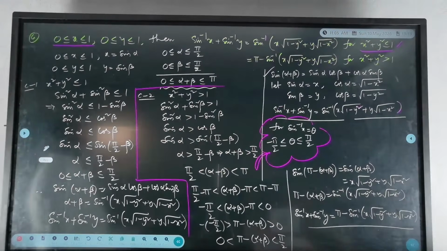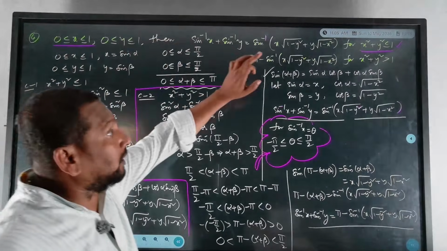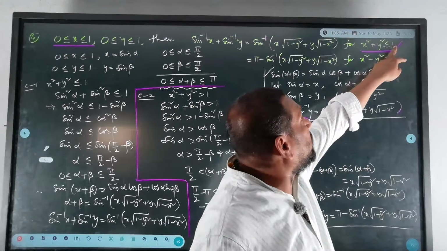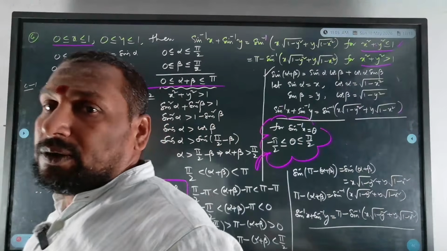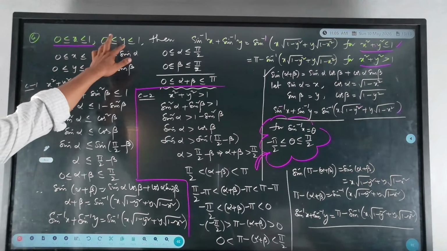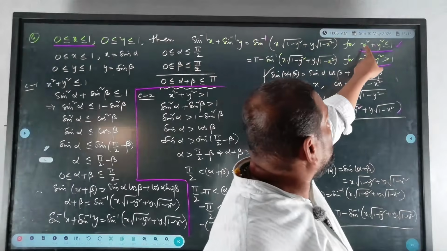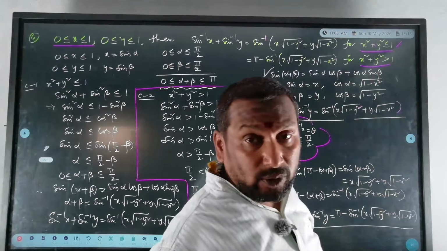So whenever sin inverse x plus sin inverse y comes, what should we observe? First of all, x between 0 to 1, y between 0 to 1, and two more cases, that is x square plus y square less than or equal to 1, or x square plus y square more than 1. These four things we have to observe. One is x lies between 0 to 1. Second is y lies between 0 to 1. Third is x square plus y square less than or equal to 1, or fourth, x square plus y square more than 1.